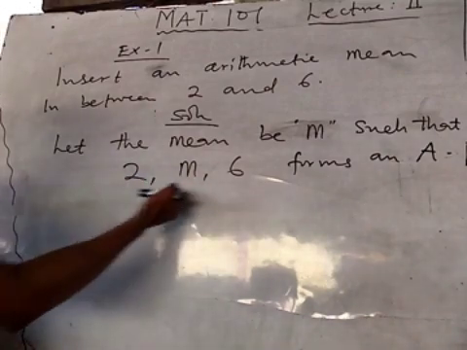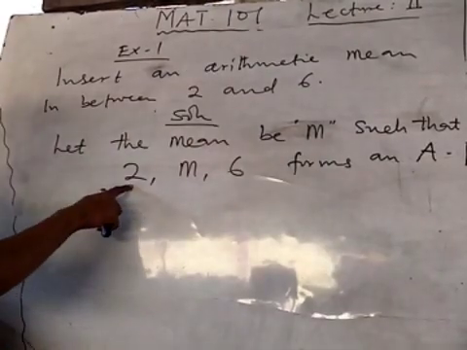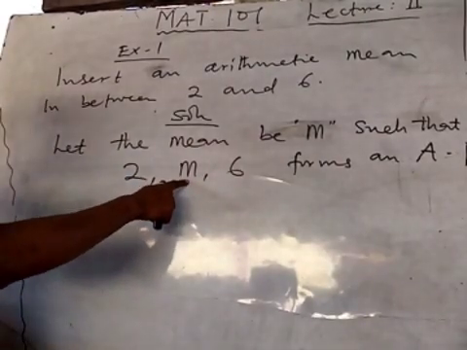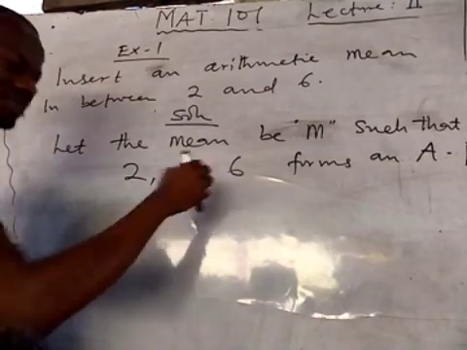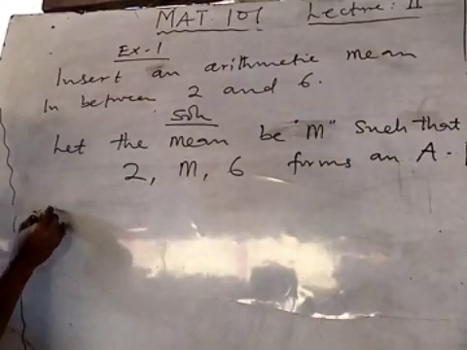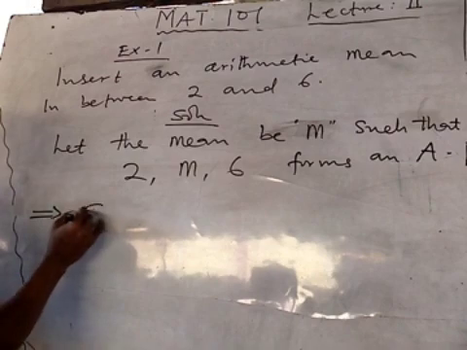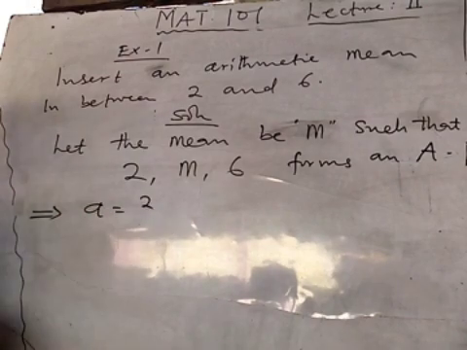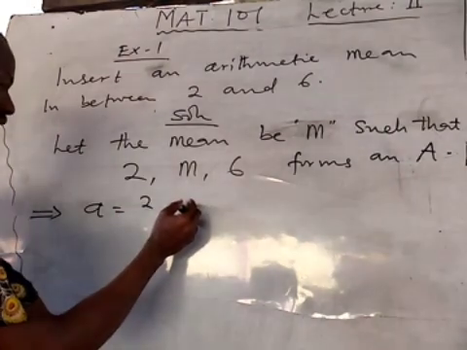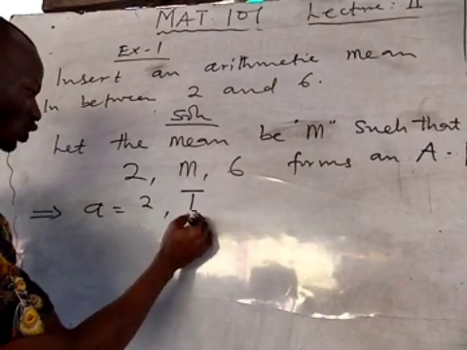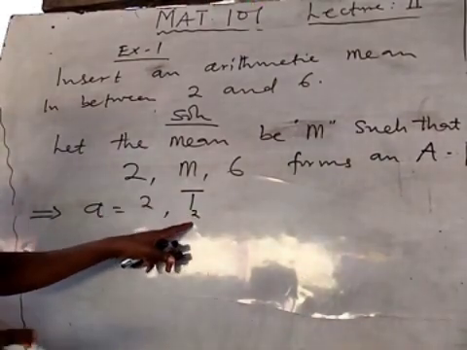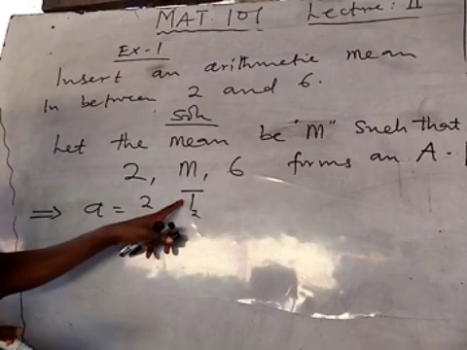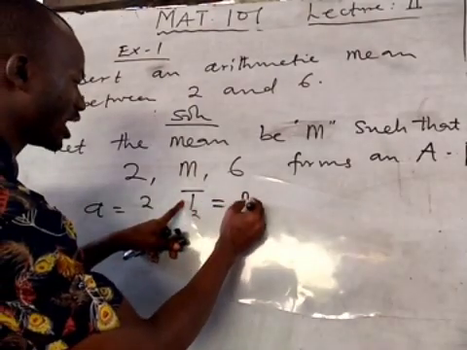This sequence contains 3 terms, where 2 is the first term, m is the second term, and 6 is the third term. So this implies that the first term a is equal to 2. The second term, written as t sub 2, is equal to m.